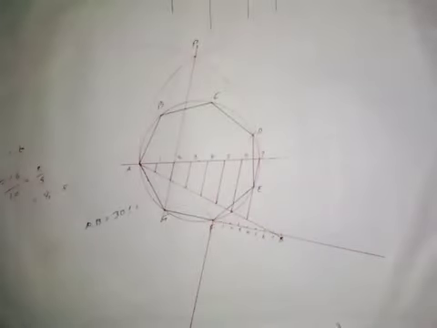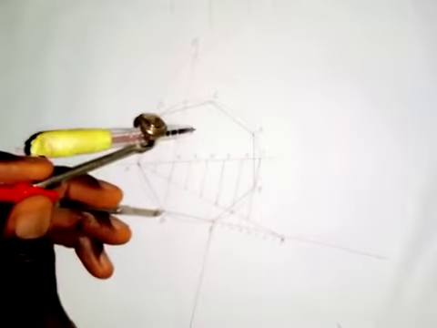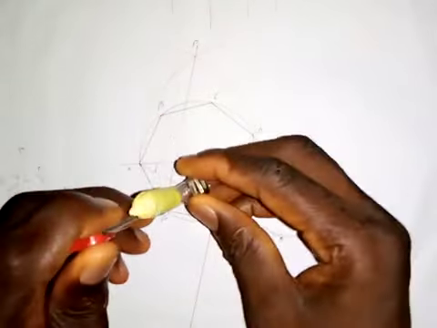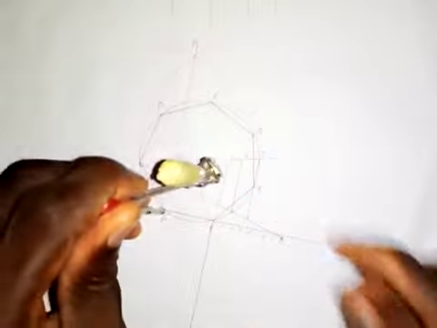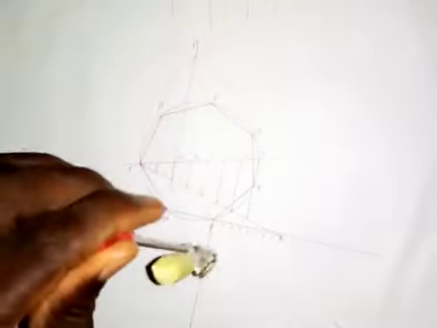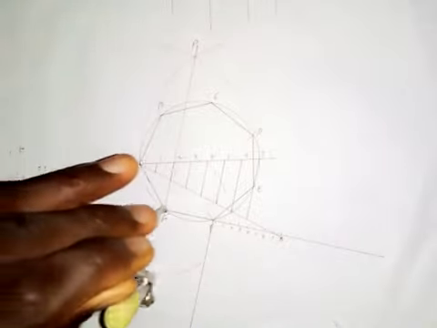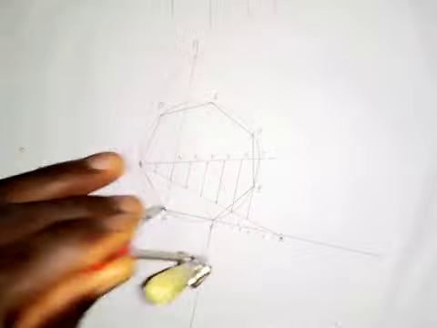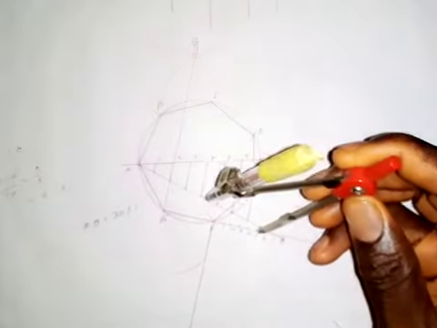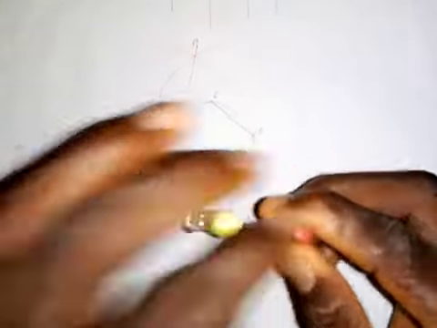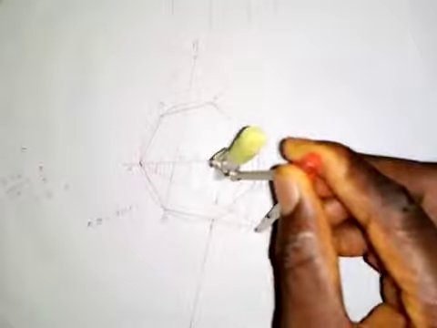All right, so then the next thing that I'm going to do is to put the point of my compass at point G here, and then I will draw an arc like this. I want to know the midpoint of distance G5. So then I'll put it at point 5 here, and then I will make an arc like this.